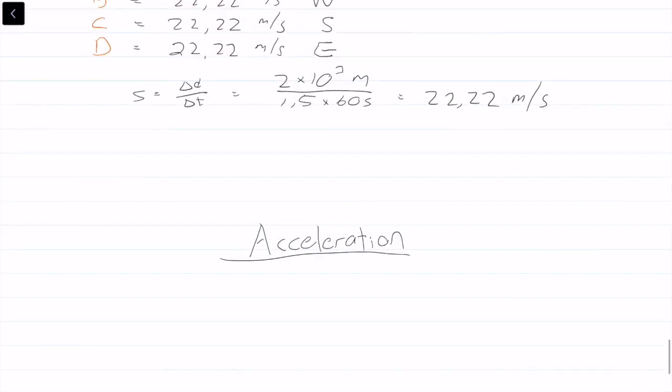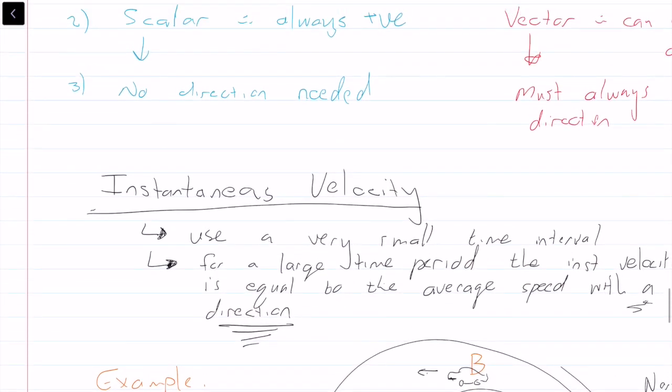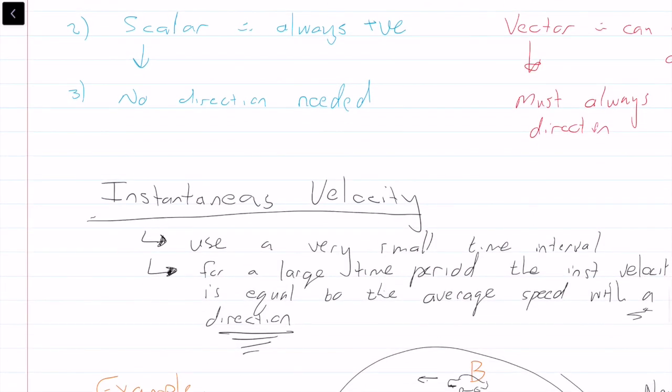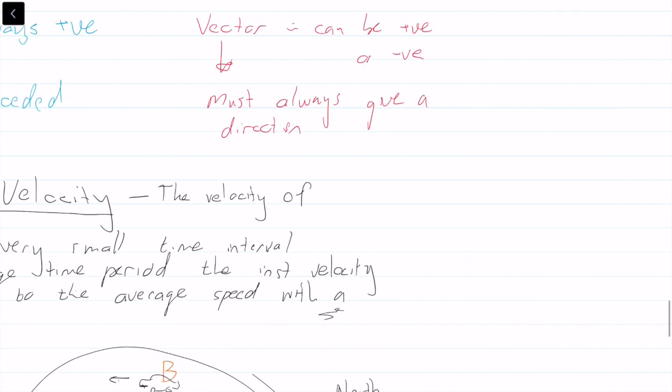Okay, so we're going to be covering acceleration. In the previous video we did instantaneous velocity and we spoke about the difference between speed and velocity. I just want to define instantaneous velocity because I didn't last time. The definition for instantaneous velocity is the velocity of an object at a precise moment.